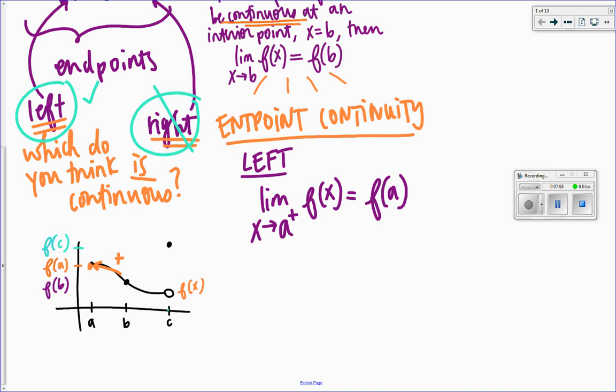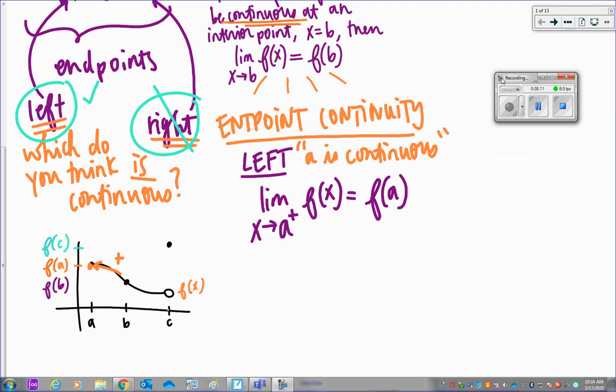So this left endpoint in my picture, A, is known as continuous. I realize that it does not extend past that, but that's why it's called an endpoint continuity. It's somewhere that it's stopping.